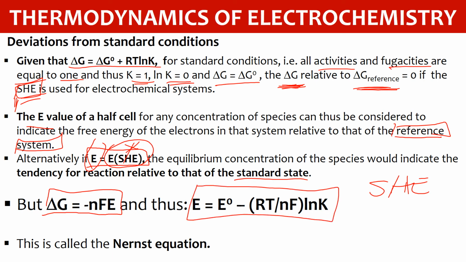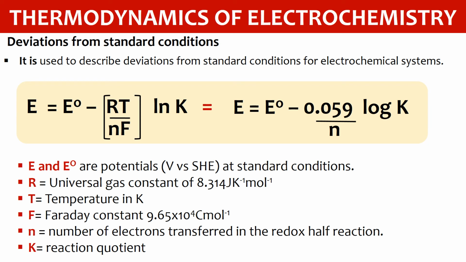Okay, so this formula is called the Nernst equation. The Nernst equation is used to describe deviations from standard conditions for electrochemical systems. So this is the formula for your Nernst equation.